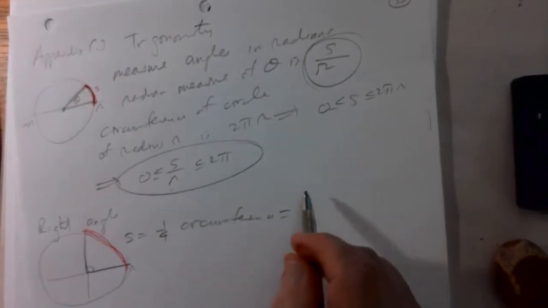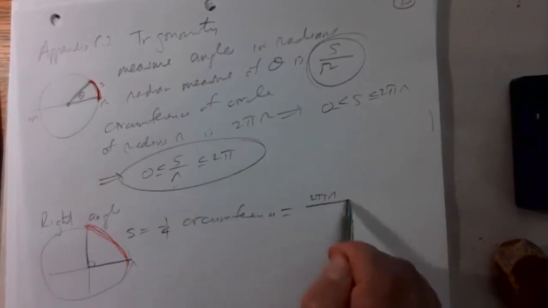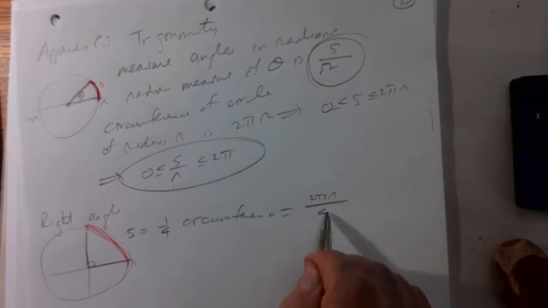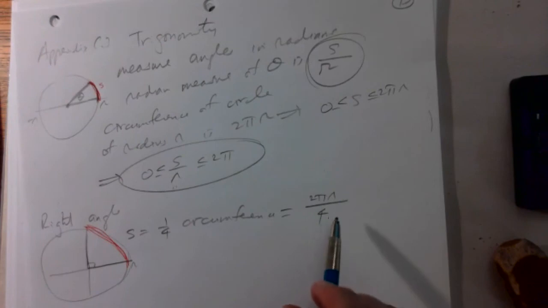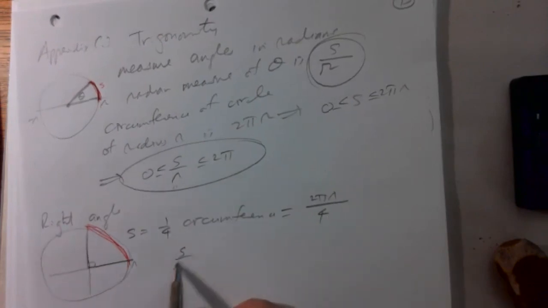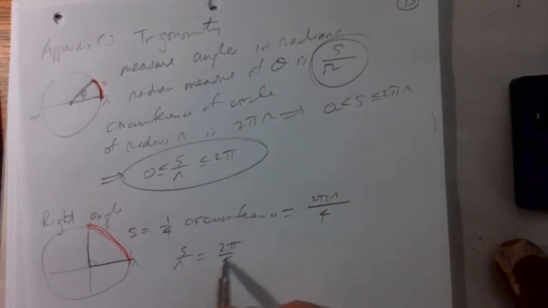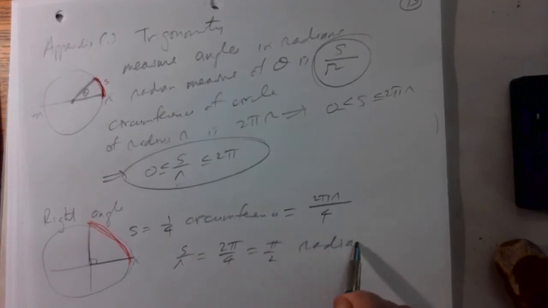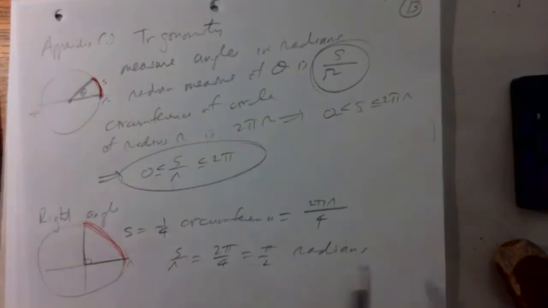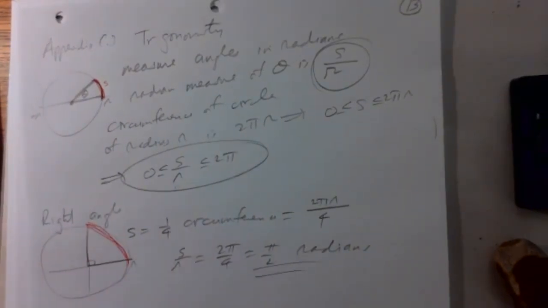The whole circumference is 2 pi r. So this is 2 pi r over 4. 1/4 of the circumference. So S over r is 2 pi over 4, or pi over 2 radians. So a right angle is pi over 2 radians.